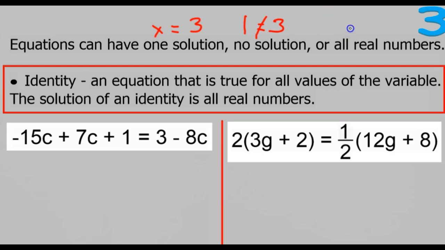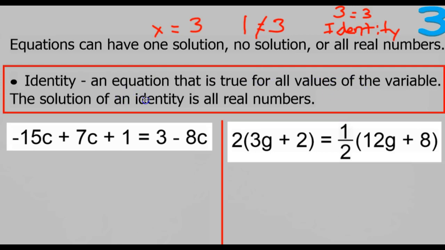Or they can have a solution of all real numbers. If I have an equation with all real numbers as a solution, I have what's called an identity. That's like saying 3 equals 3. So an identity is an equation that is true for all values of the variable.